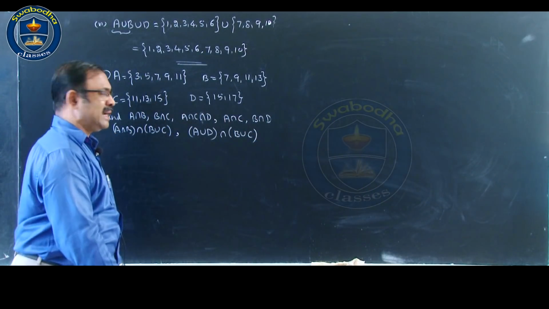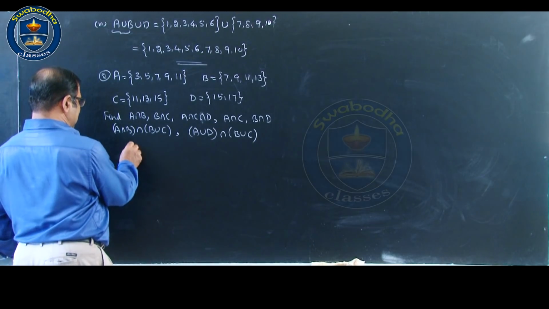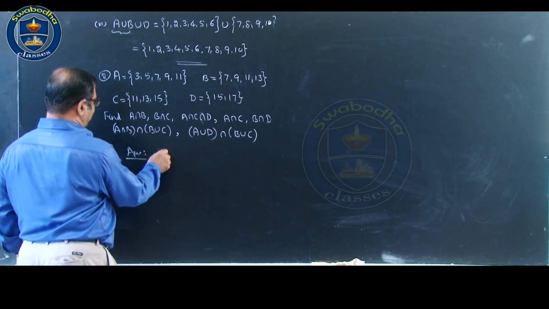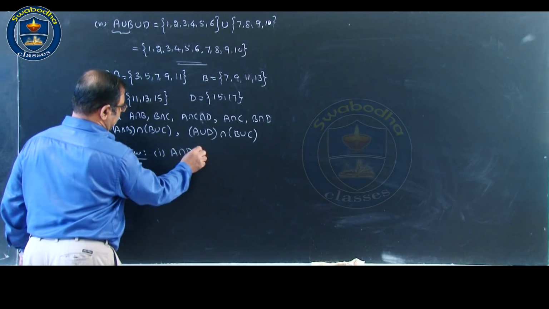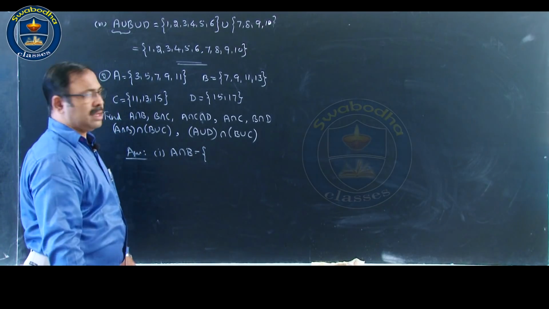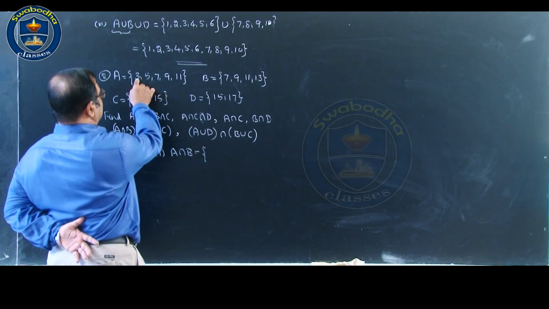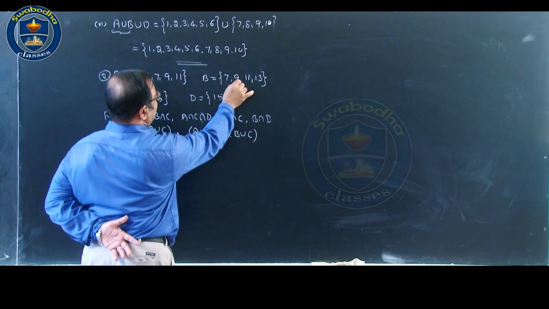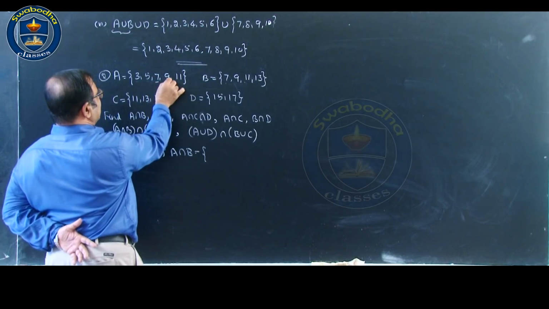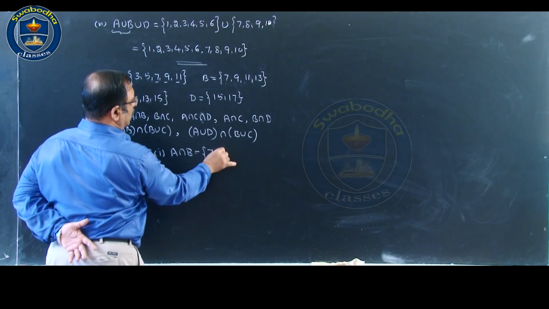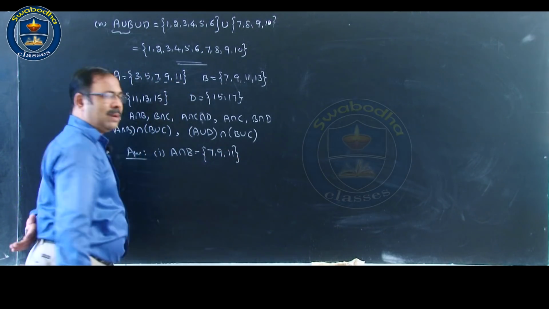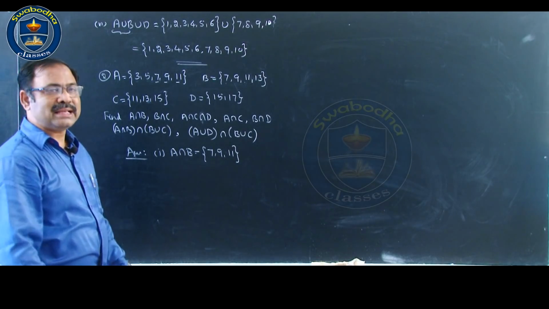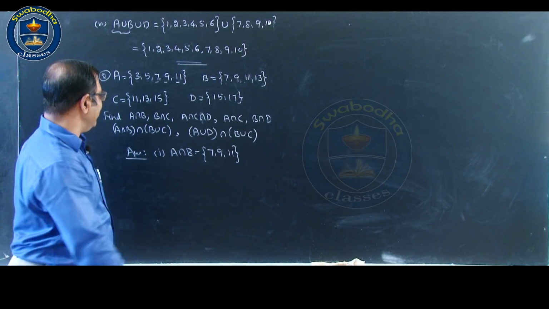See, let us first write the answer. First, A intersection B. You read A and B. A is 3, 5, 7, 9, 11. B is 7, 9, 11, 13. 7, 9, 11 are common. So what is this A intersection B? 7, 9, 11.